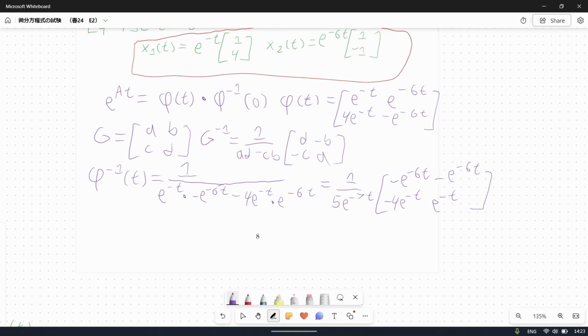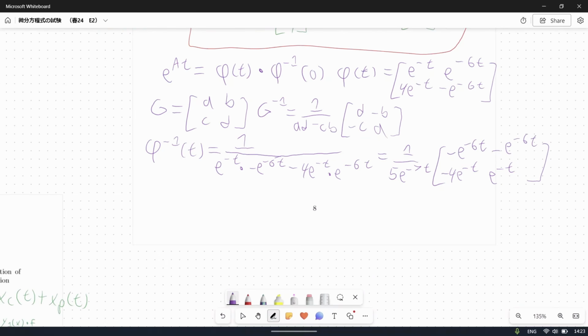And then we can also just distribute this fraction in. And when we do that, the inverse of our fundamental matrix is going to be equal to e to the t divided by 5, and then e to the t divided by 5 again, and then negative 4 over 5 times e to the t, and e to the 6t over 5.